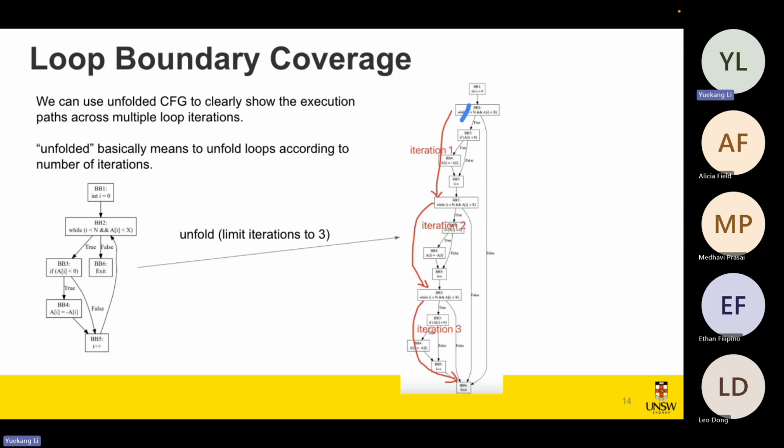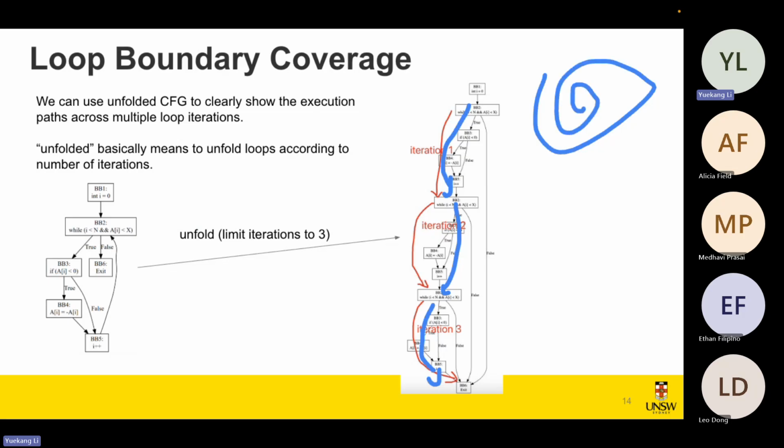For example, in iteration 1, we can take this path, and in iteration 2, we take this one, and in iteration 3, we take this one. So you can clearly see the paths across different iterations, rather than drawing some circles there, which is not very clear. So this is just for clarity, because it makes no difference from the default control flow graph.